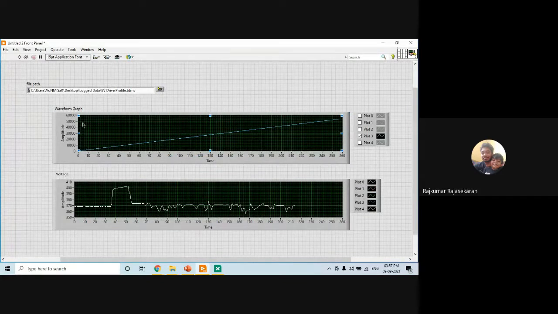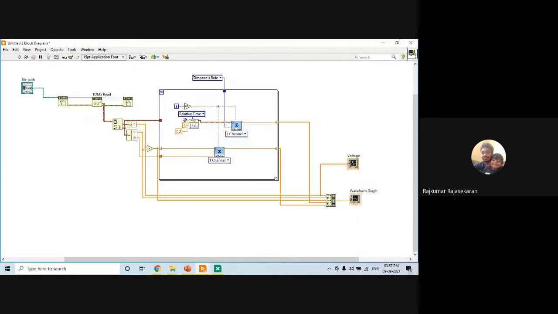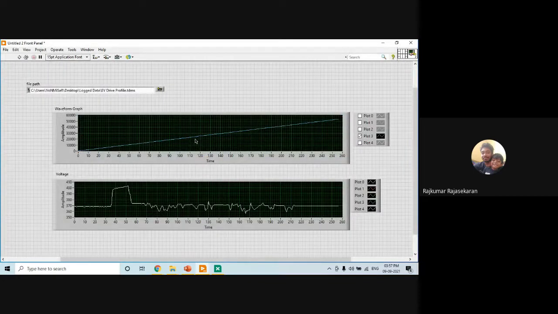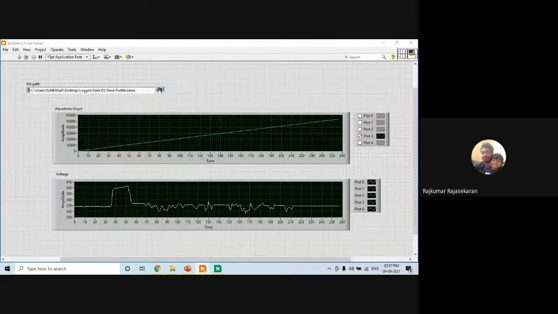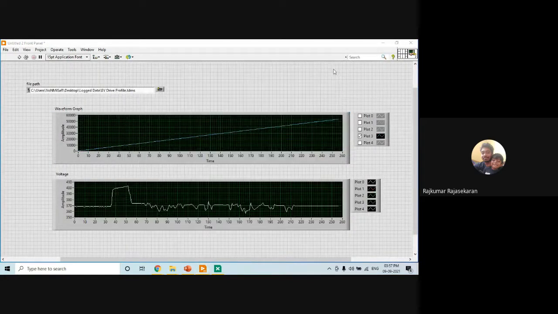So it should discharge, but I'm not sure what happened. Fine. So that will be connected. And for different vehicles, different types of plot will be shown.